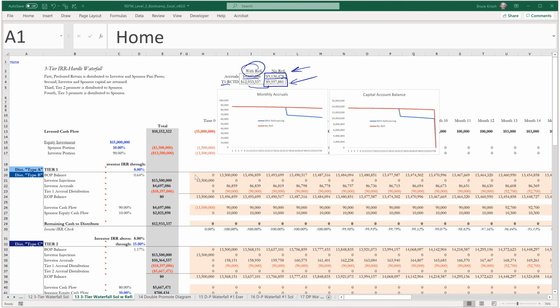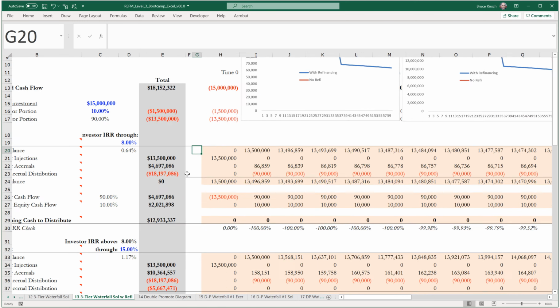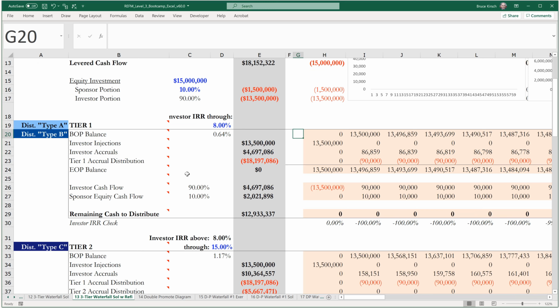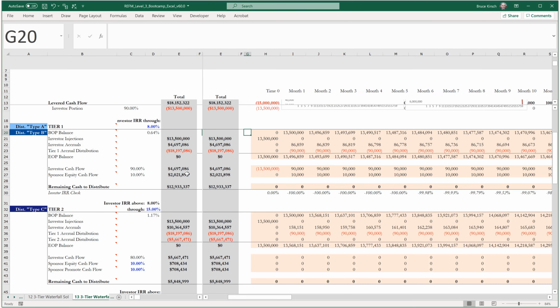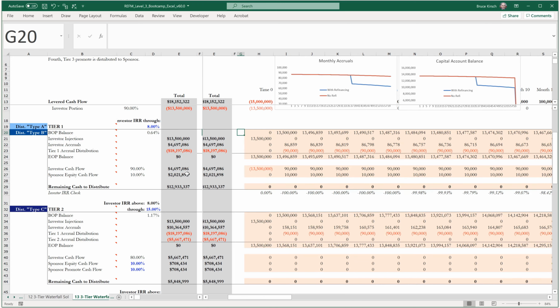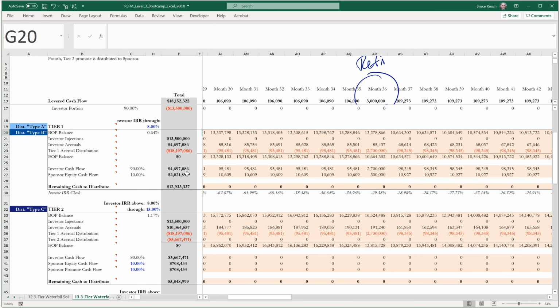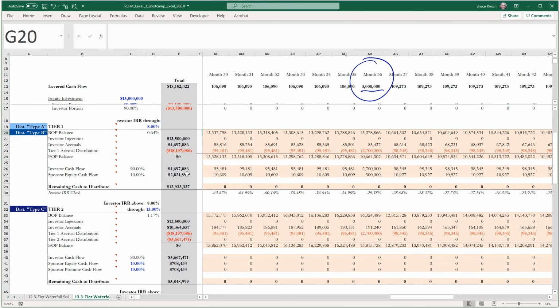The other curiosity you may have is, well, what if there is such a large refi that it repays all of the equity at the point of refi? So if I split my screen here and scroll across to that month 36, and I'll just hard key in a massive refi cash flow.